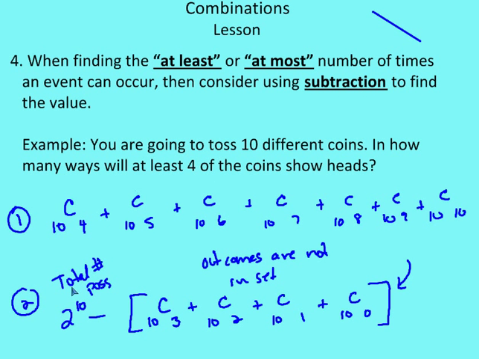All right, so you should get for total number of possibilities 1,024. For the first combination, 120. For the second, 45. For the third, 10. And for the last, 1.